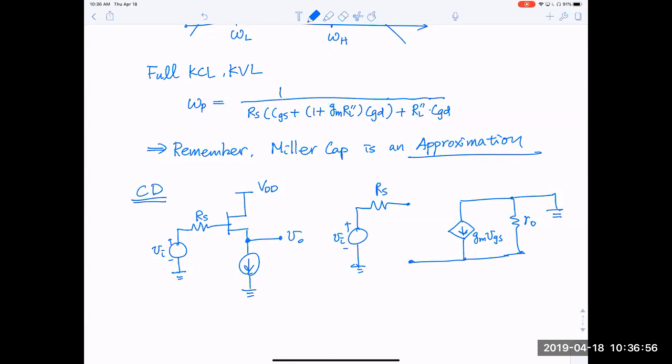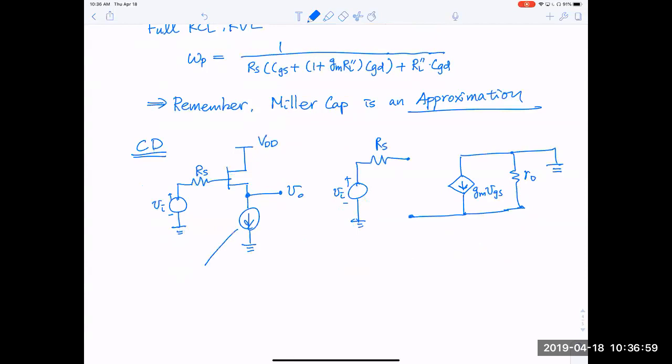So let's say we think of this current source as a current mirror. If you remember, a current mirror has a reference, and we go through this current mirror to bias. If we look into the current mirror, there's a finite resistance. It's not an open circuit. Let's call this ROC.